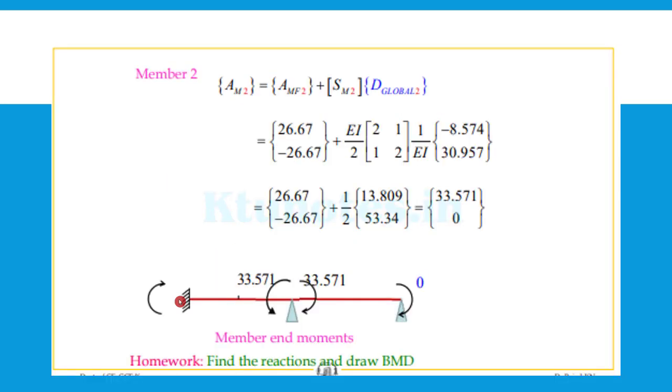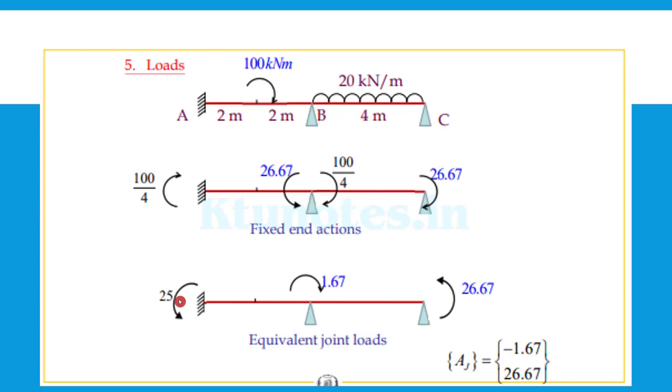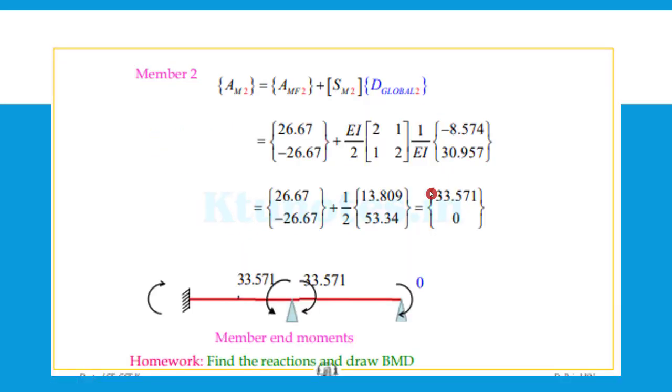For member 2, we have the fixed end actions given by 26.67 here and 27.67 here, plus EI by 2 into 2, 2, into 1 by EI into minus 8.574, 30.957, to obtain 33.579, 0. So this will be the member end moments.